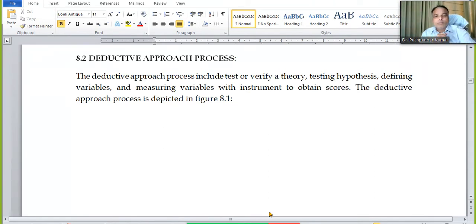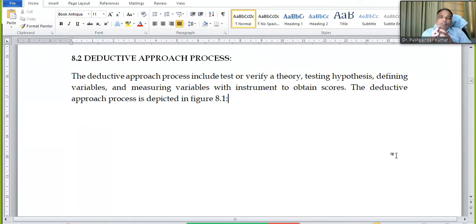So whenever you see a theory, a logic, with the help of hypothesis you are testing that logic, that conceptual understanding. You are testing the theory. That theory was that highly intelligent people, those who secured good grades, would have high performance in terms of their salary, right? Okay. So this is one kind of research.